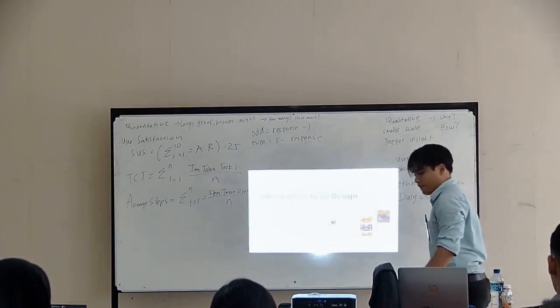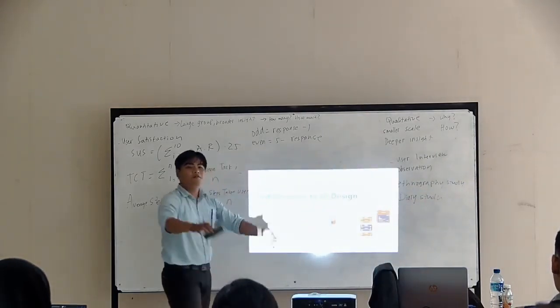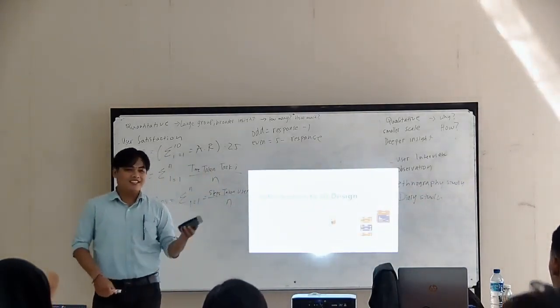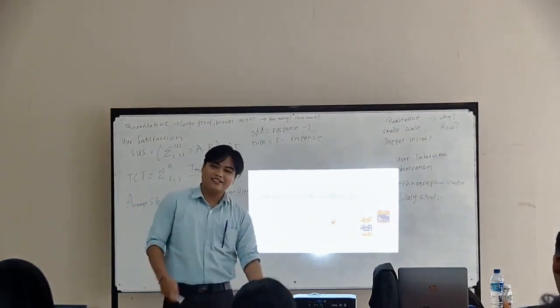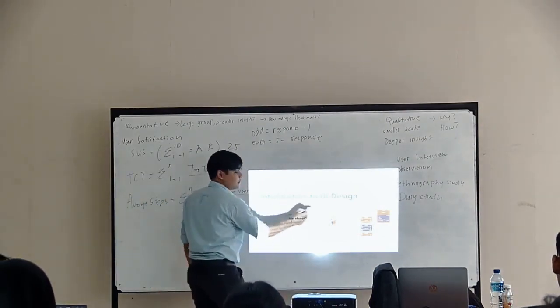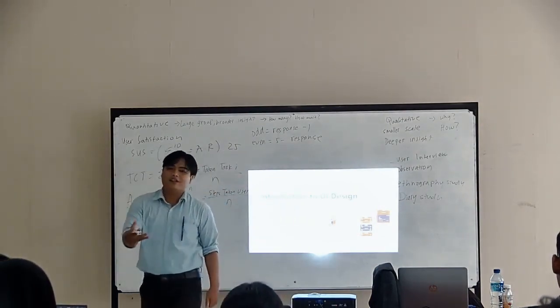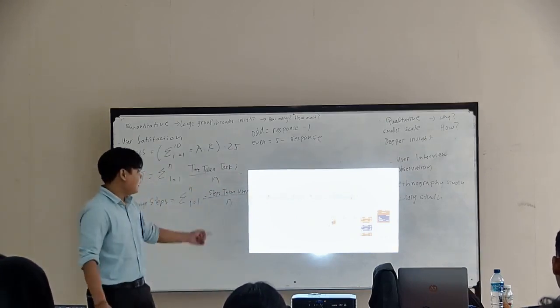So, introduction to UI. Does anyone know about UI design? I think all of you already know, right? UI design is the one that you write in the code. But what is really UI design? UI design refers to the visual element. Only the visual. But there are many aspects inside the visual element.